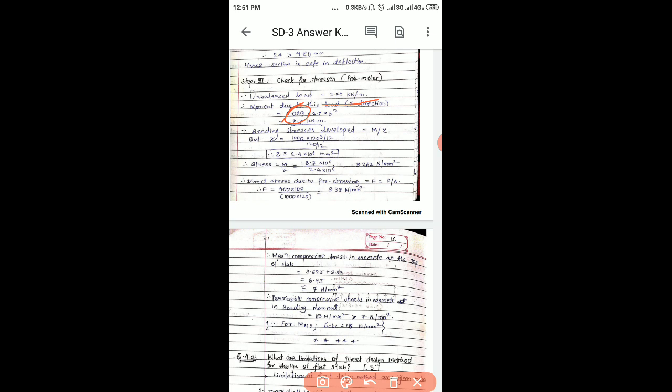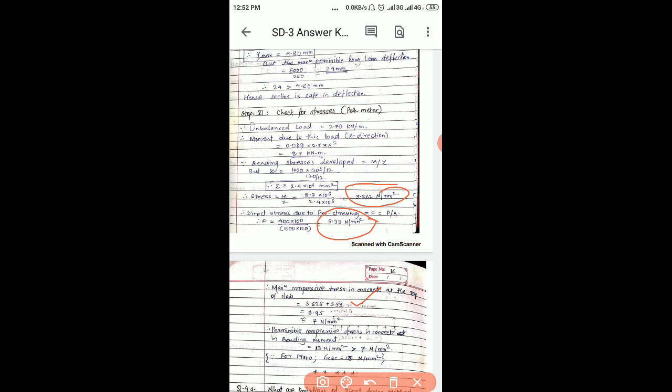Okay, so bending stresses developed are M by Z, where Z is BD cube upon 12, like that. So Z is the section modulus for this given section. So stress is equal to M by Z. It is 3.262 Newton per mm square, and direct stress due to pre-stressing is equal to P by A. Then maximum stress in concrete at top of the slab is 3.262 plus 3.33.